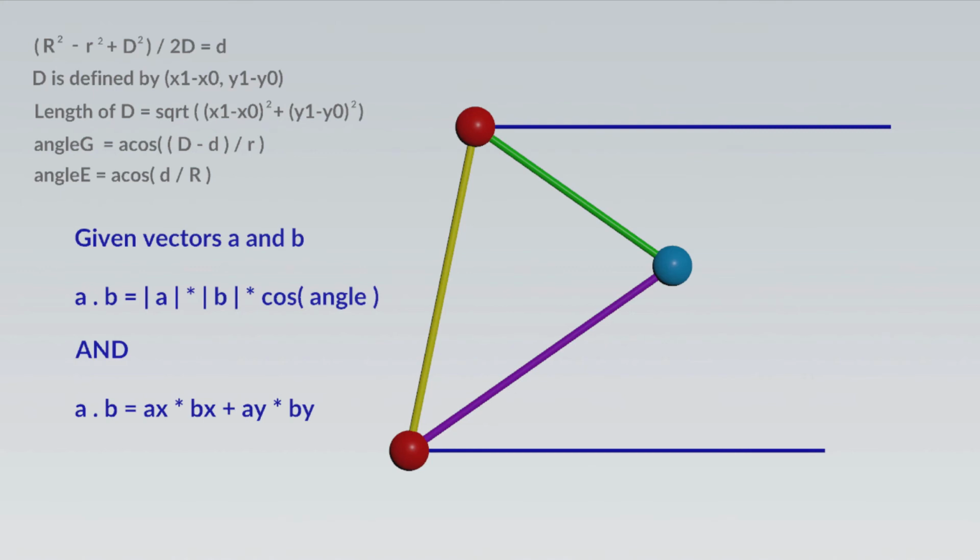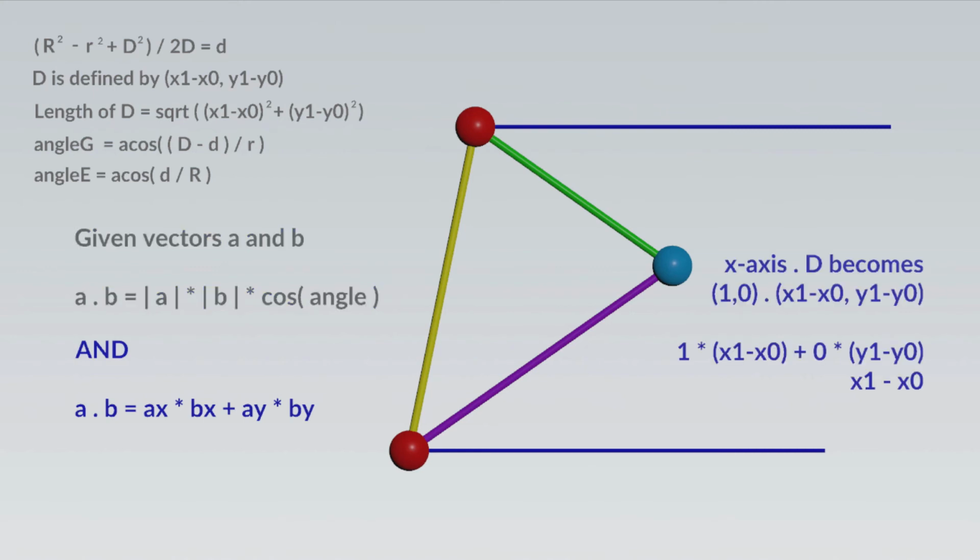So if we use this with our particular situation, we have the x-axis dot with our vector d. That becomes the following. And you can see that using this equation, we end up with x1 minus x0.